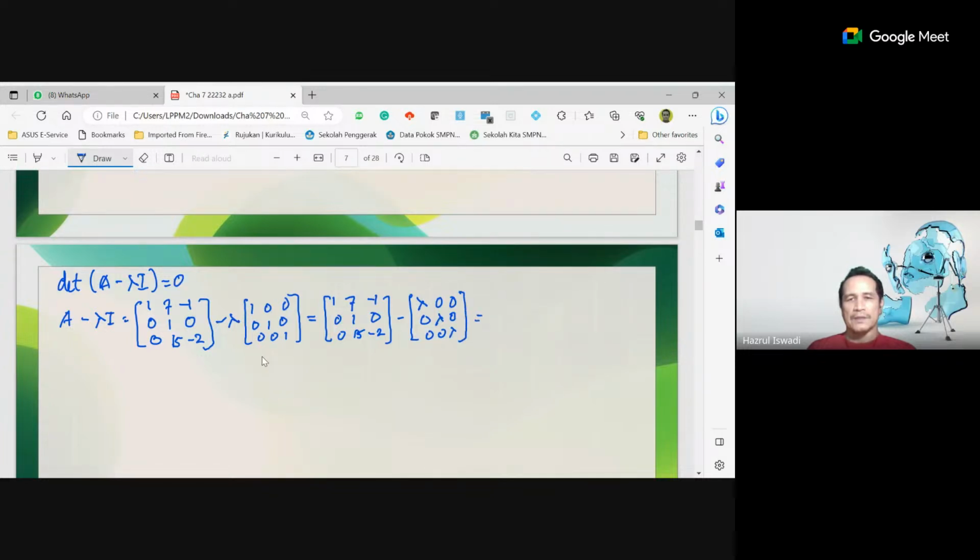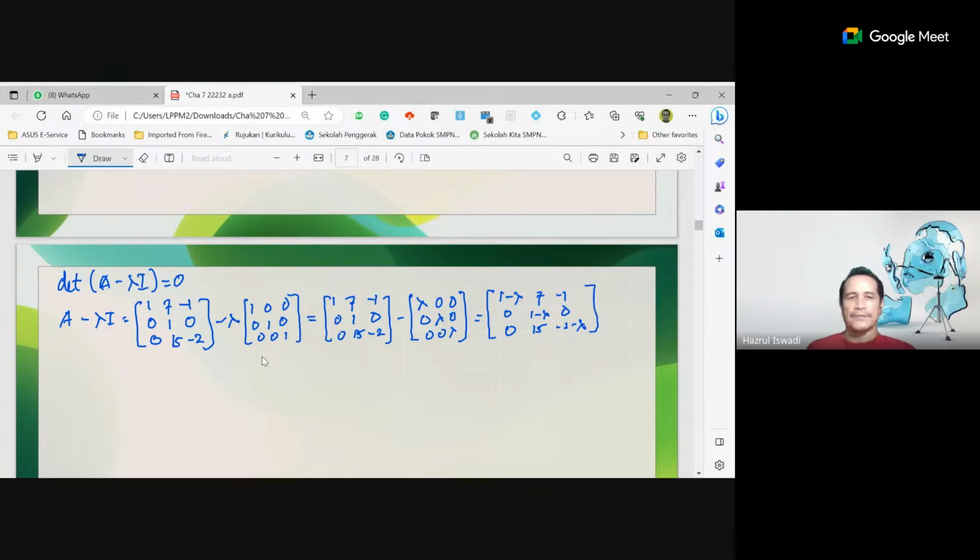So we subtract the first matrix from the second matrix. We have 1 minus lambda, 7, minus 1; 0, 1 minus lambda, 0; 0, 15, minus 2 minus lambda.